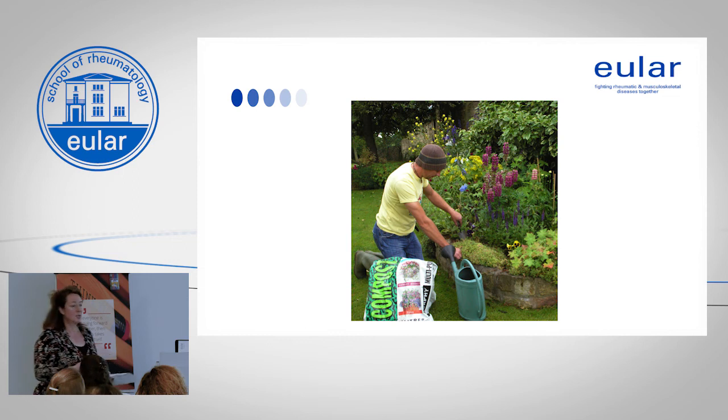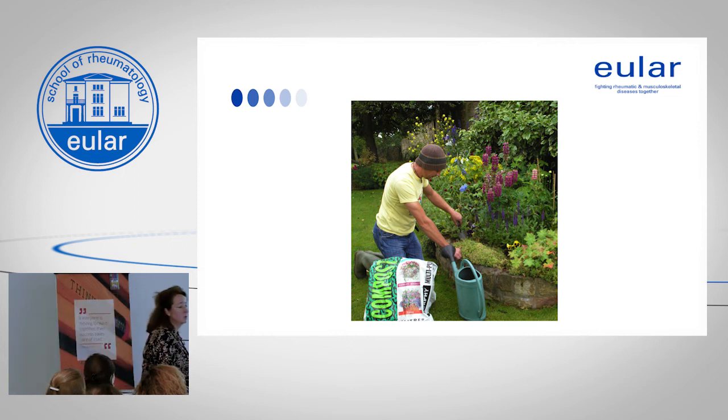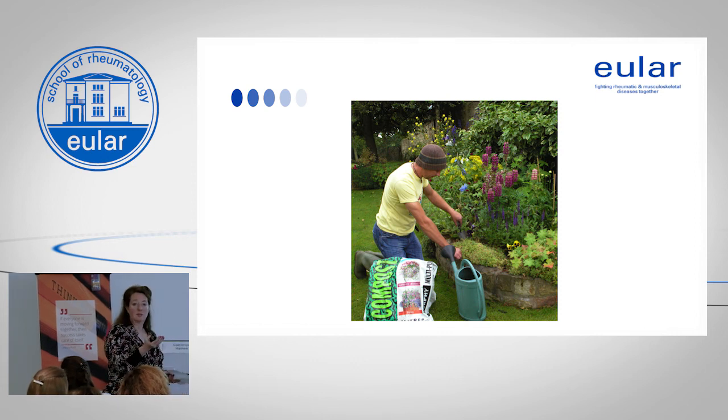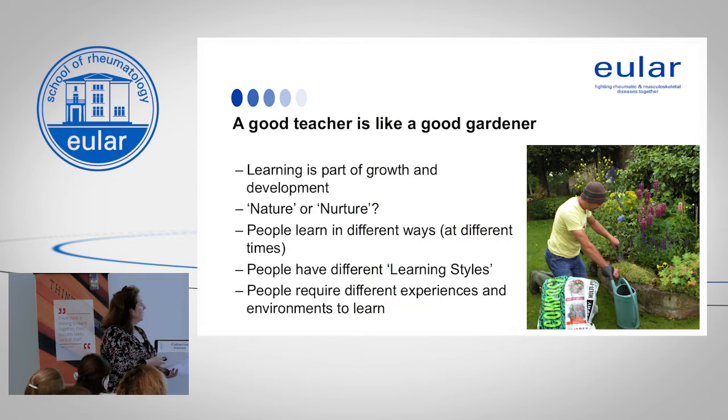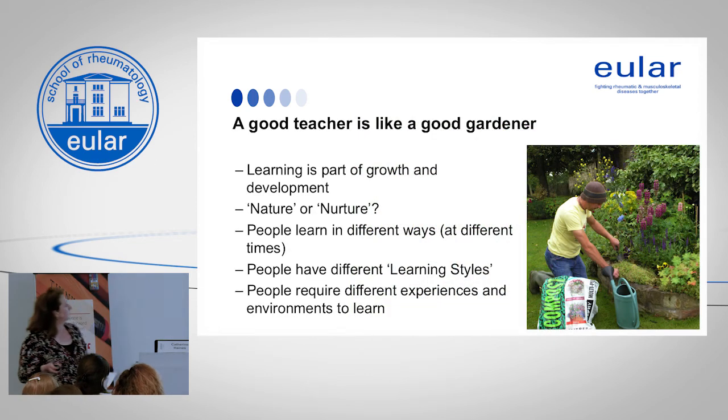So sometimes a teacher is a nurturer, a mentor, somebody who has been in advance of the person they're working with and can help them to develop to their full potential. So you're like a good gardener, and you're matching what's innate or there by nature with what can be nurtured and brought out of people. And people have different needs at different times.